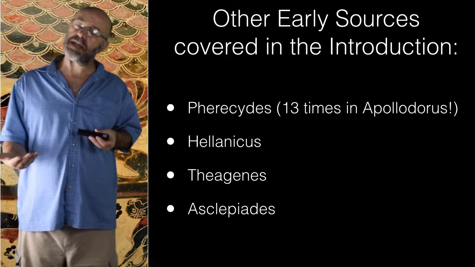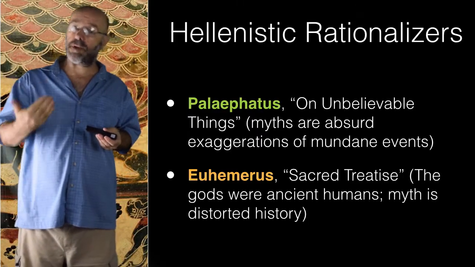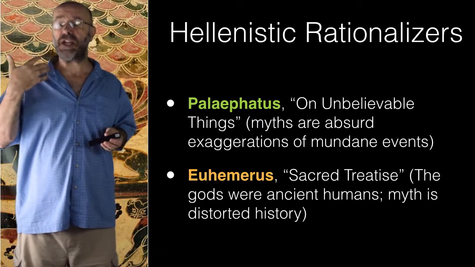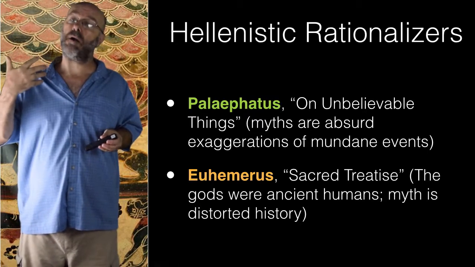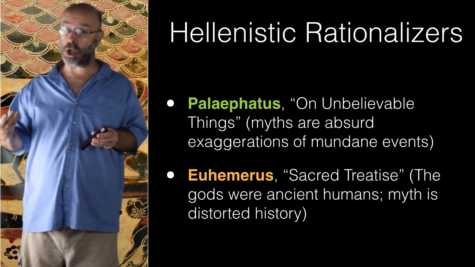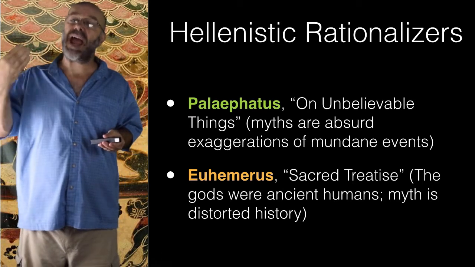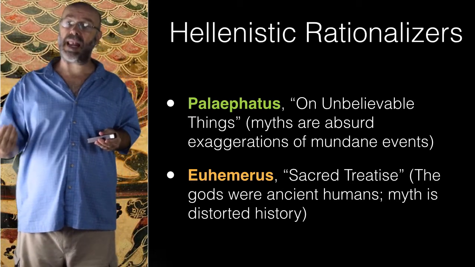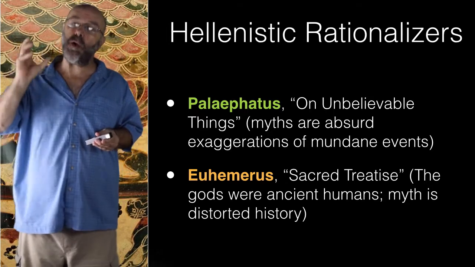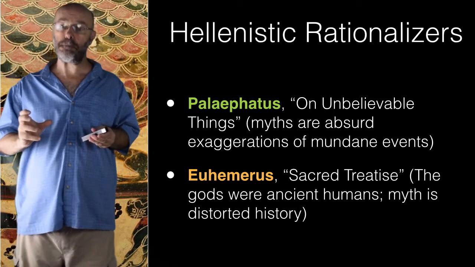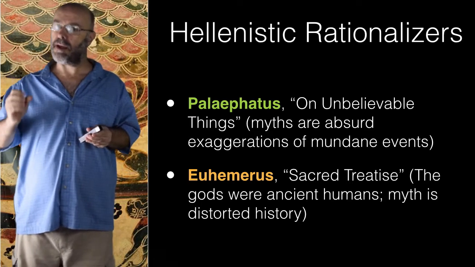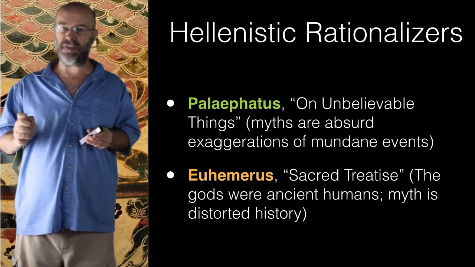Then from the Hellenistic period, roughly the 3rd and the 2nd centuries BCE, we have a couple of slight changes to the way myths are collected and retold. We have, if you like, the first great rationalizers. On the one hand, Palaephatus, whose point of his collection of myths is to put together a compilation of the stupidest things that the Greeks have come up with in their myths.